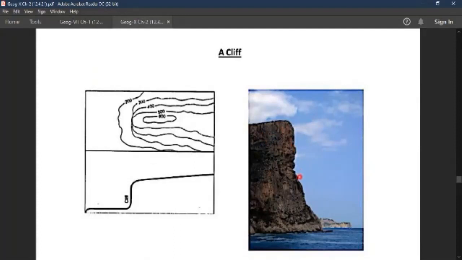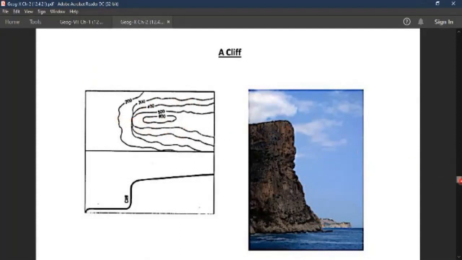As you can notice, this is the cliff, and it is represented on the map with the help of contour lines which are merging because the height will be the same at this point.